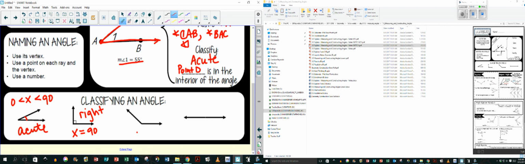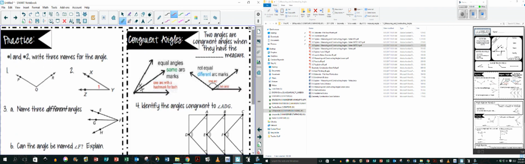If the angle is between 90 and 180, it's obtuse. And if the angle is equal to 180, it is a straight angle. And make sure when you get to class, if there's any confusion, that you're asking questions in class.